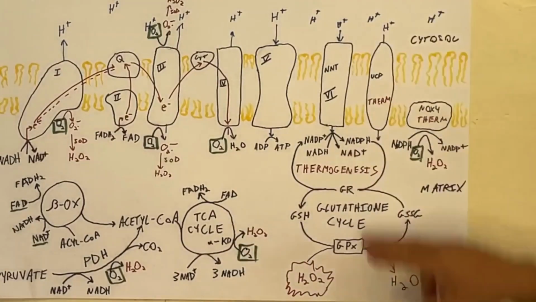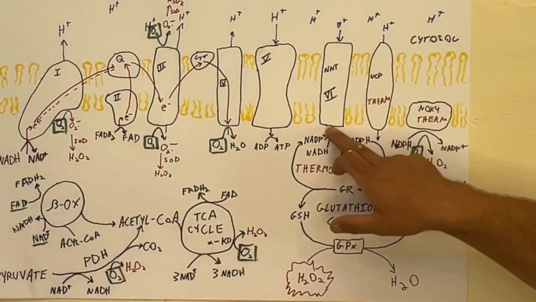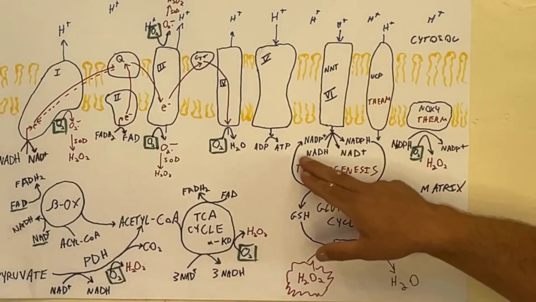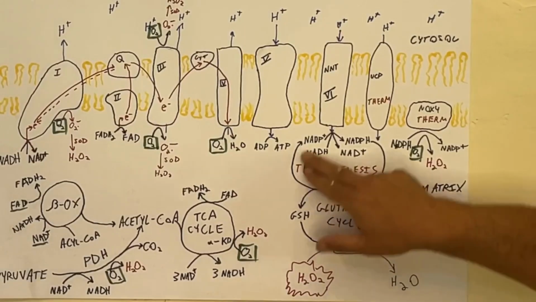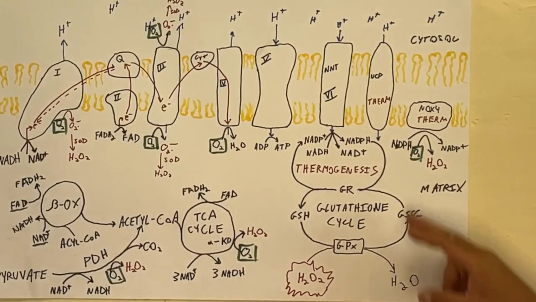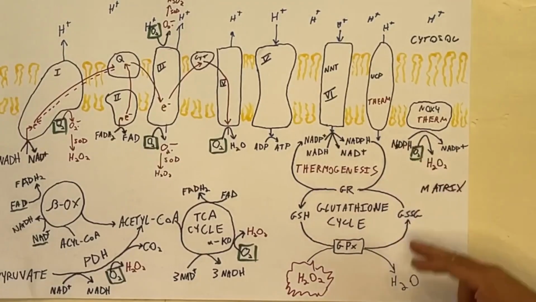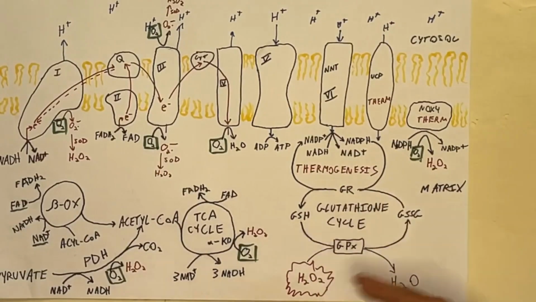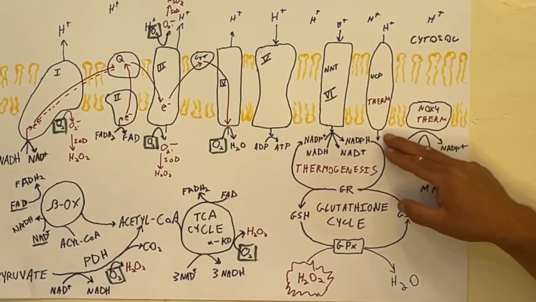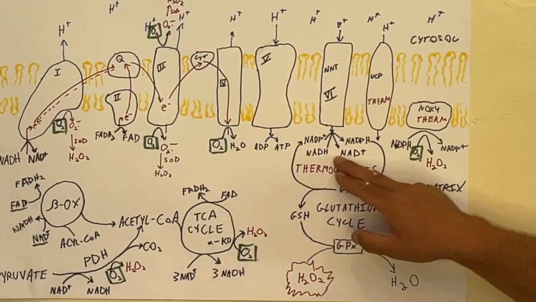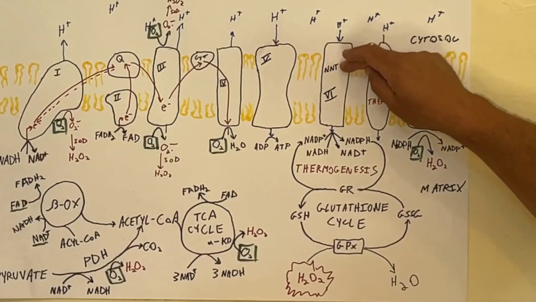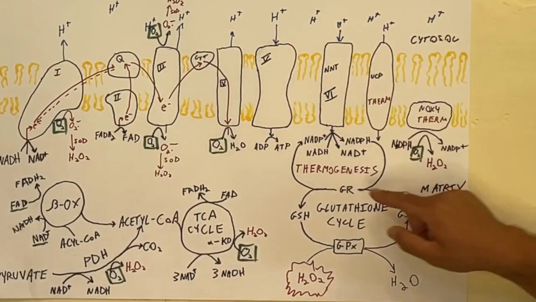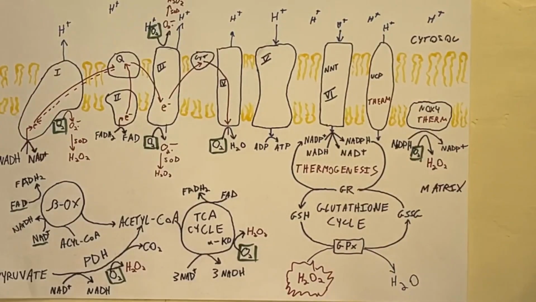If we look back at NNT, if this is acetylated, if NNT can't use NADH to generate NADPH, then this glutathione cycle is not going to function effectively, because for every molecule of hydrogen peroxide, you need another NADPH to deal with. And the source of that NADPH is NADH. And if NNT, complex 6, is acetylated, you can't regenerate NADPH.